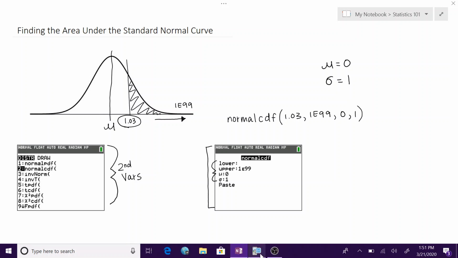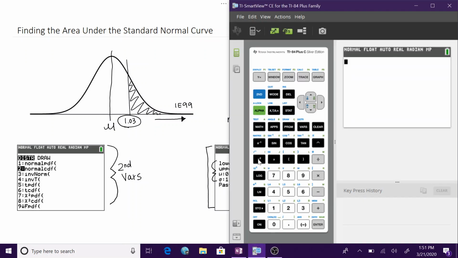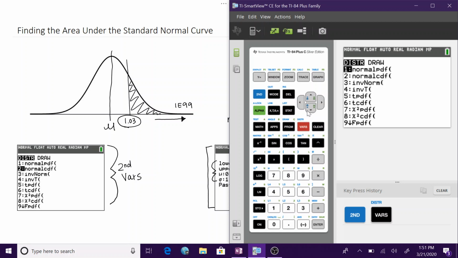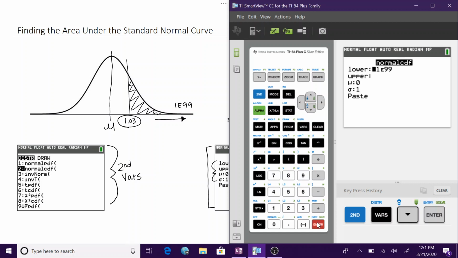So to do this in the calculator, again, we're going to do this very first command where we say second vars, and we toggle down to number 2 or press the number 2, whatever you're comfortable with. Now our default in normal CDF is always going to be negative 1e99 and a blank upper, so we need to change these.